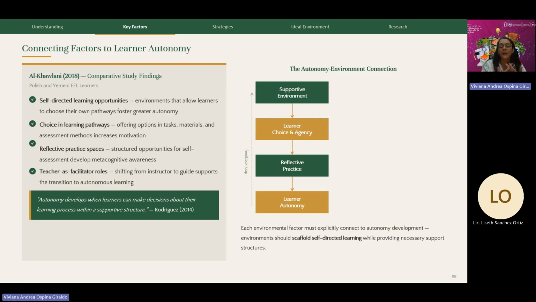It is then our job as teachers to create this supportive structure. The structure is not only to teach language, in this case, English, but it's also to create different spaces where the student will be able to choose and become an active agent of his learning process.